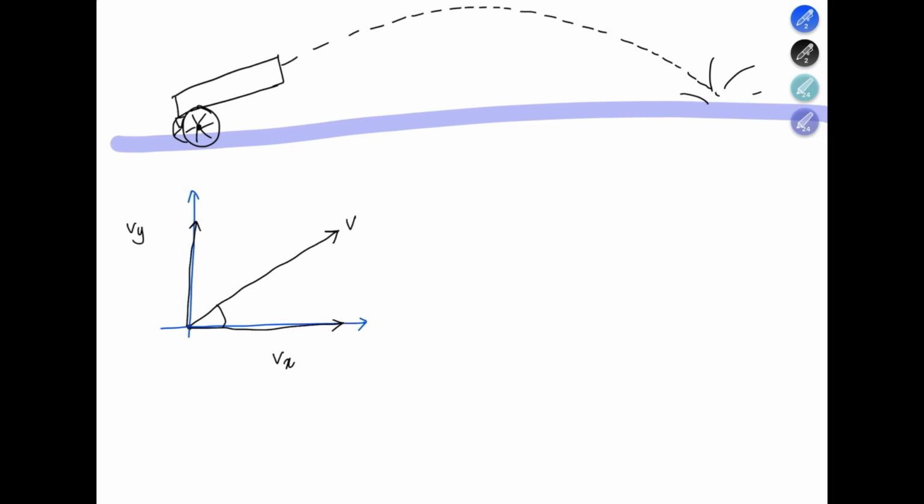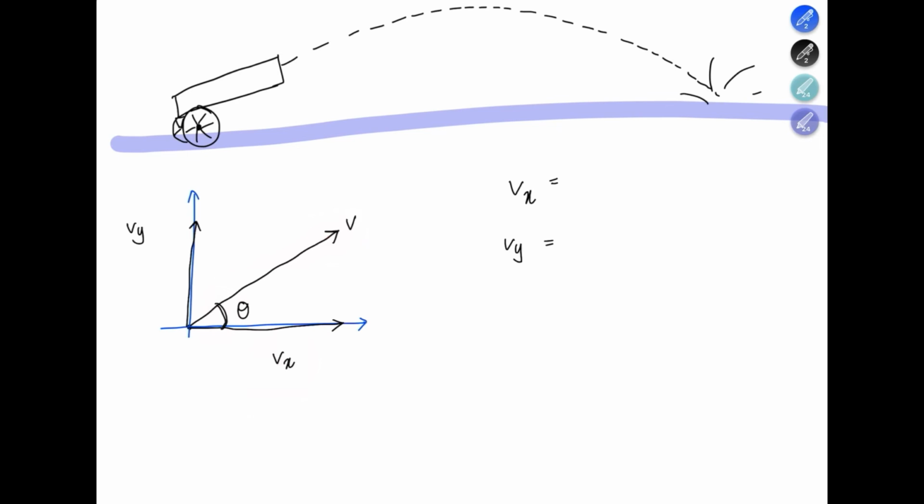To find out the values for vx and vy, we need to know the angle theta. Okay, this is known as angle theta. So what is vx and what is vy? To find that out, I'll tell you a simple rule. We have to multiply this with either v cos theta or v sin theta. How do you know whether to use sine or cosine? You have to look at where the angle is. So here you know the angle theta between v and vx.